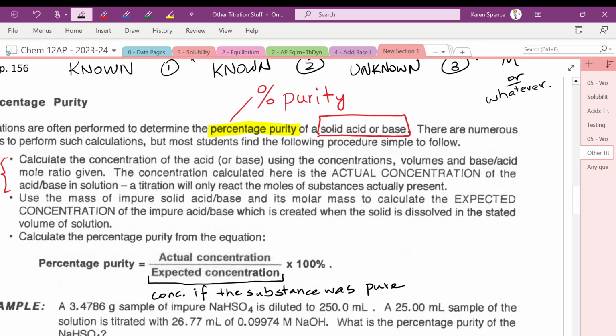And the actual concentration would be found from the stoichiometric calculation, from the titration calculation. And that's one way you can do percentage purity. However, there's another way you can do percentage purity as well.